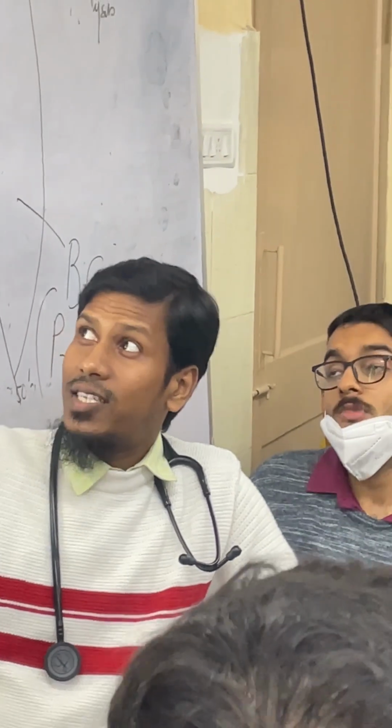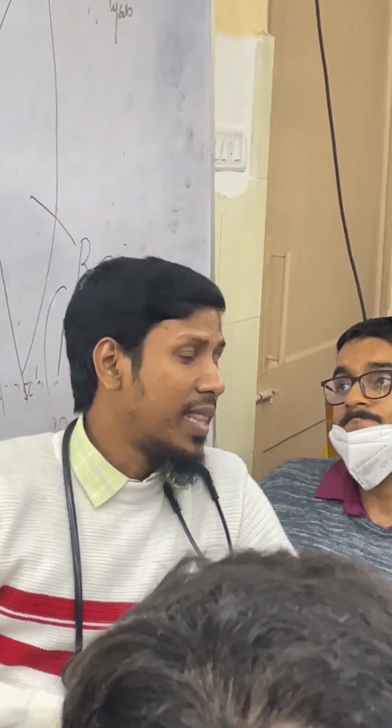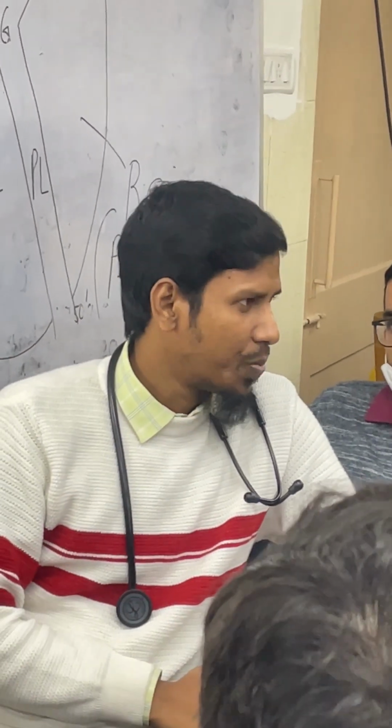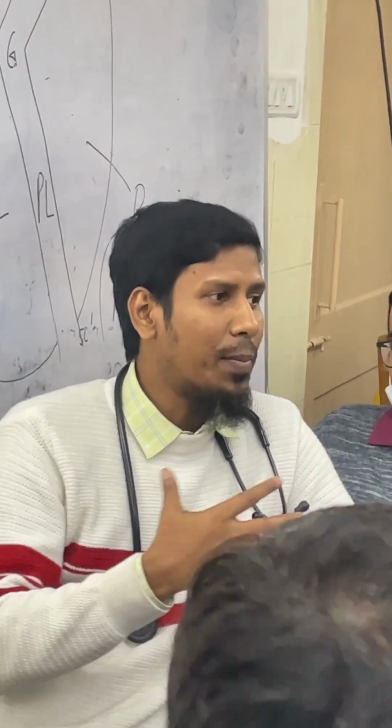Before that, first we have to know the view, whether it is the antero-posterior view or the postero-anterior view. So just think about the thorax. There are the two lungs and in between the heart.